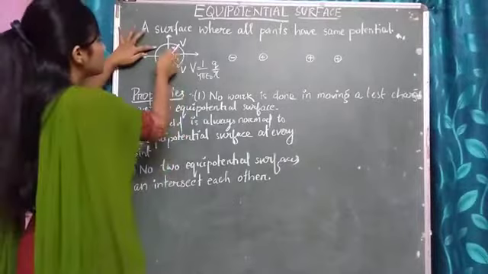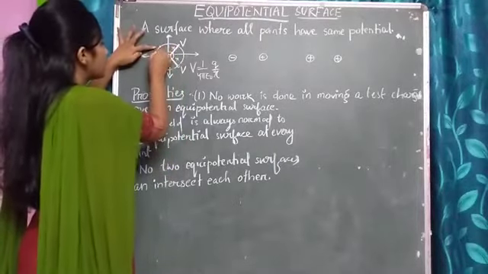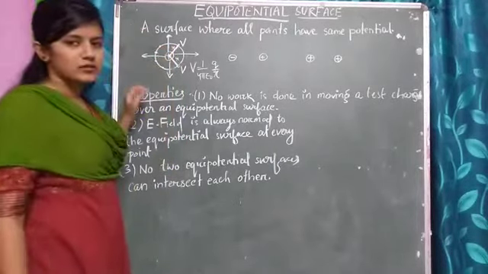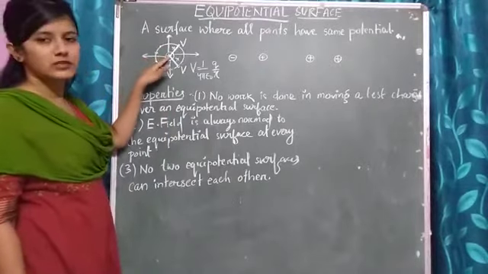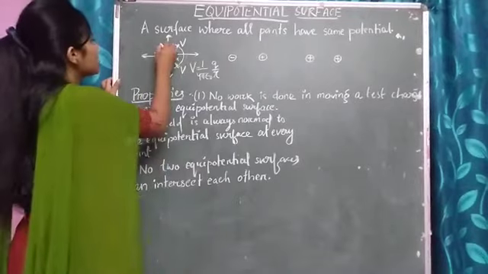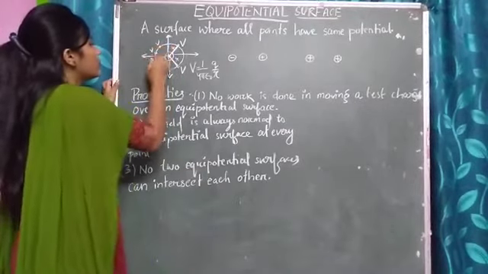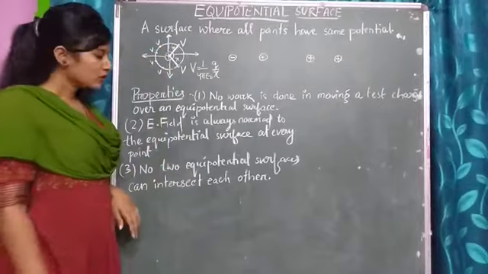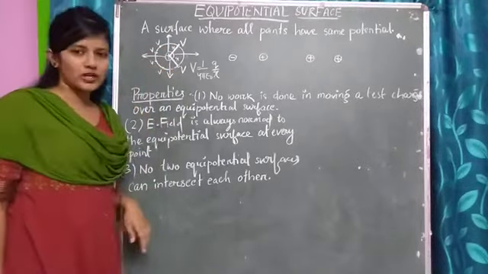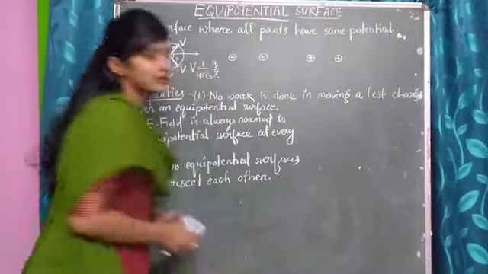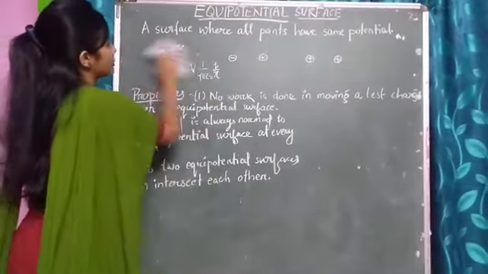Similarly, for this surface, if I take any point, since the points are equidistant from the point charge, the potential at all the points will be the same.